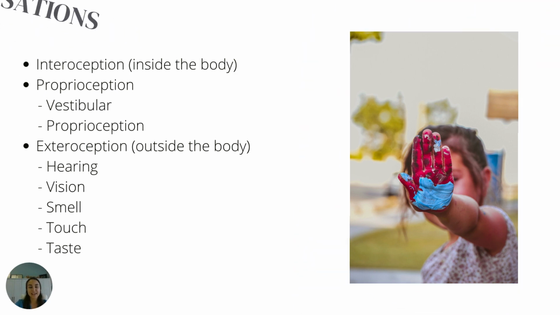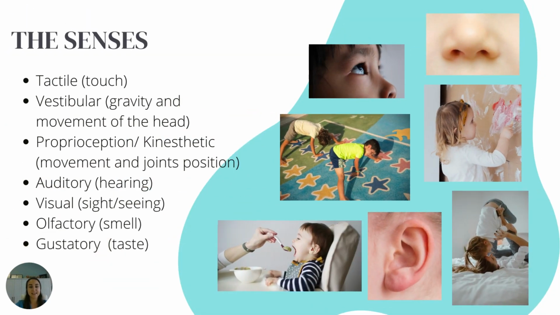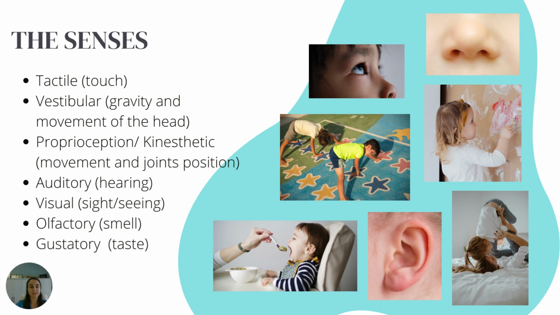So let's look at the senses that we focus on during sensory integration. So first up, we have our tactile system, which is our touch. We also feel heat or temperature through our skin, our tactile system, as well as pain.